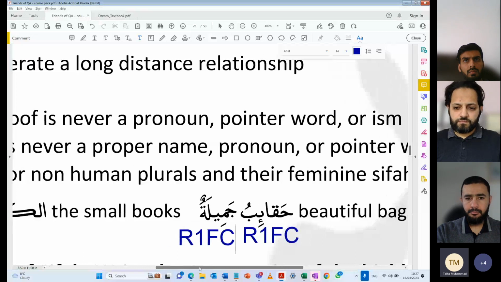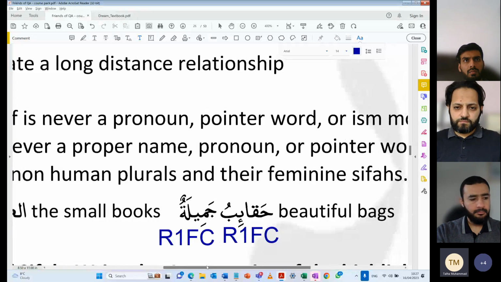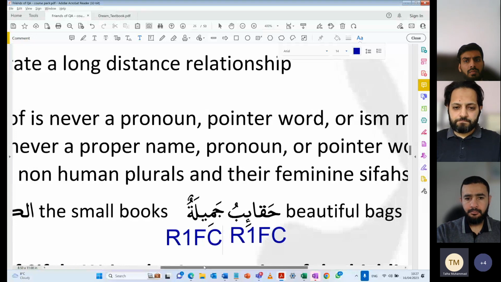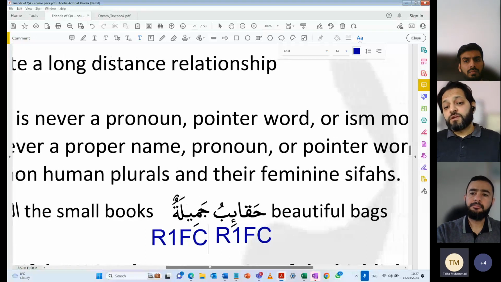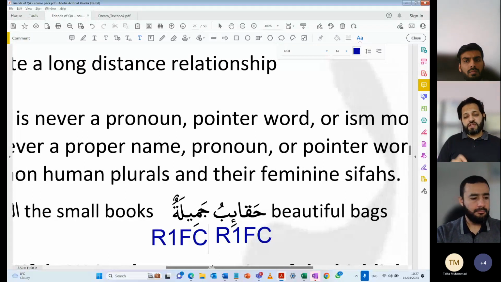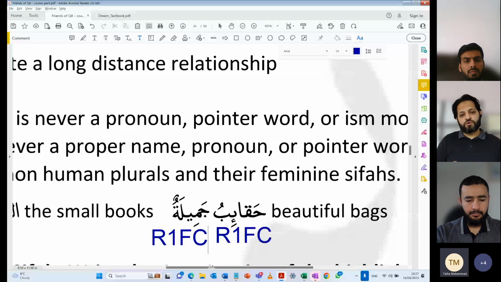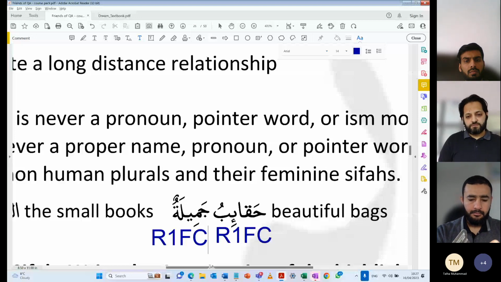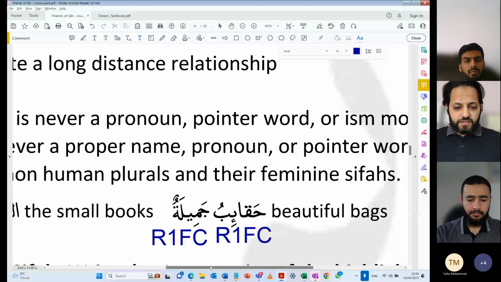Shall it make more relevance if we say non-human broken plurals? If you remember, we said non-human plurals can be assigned singular feminine, broken or not, right? So this is another example.